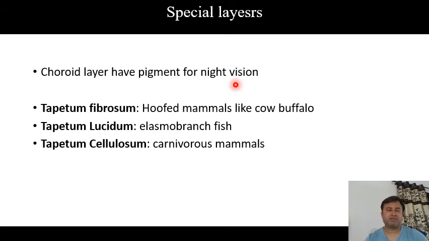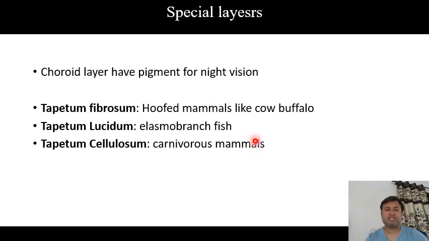There are some special layers present in the choroid layer of the eye which are responsible for night vision. There are three types: tapetum fibrosum, which is present in hoofed animals like cow, buffalo and deer; tapetum lucidum, which is present in elasmobranch fishes; and tapetum cellulosum, which is present in carnivorous mammals.